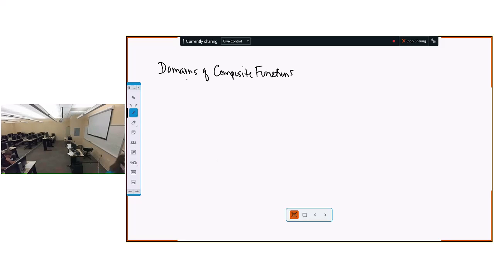So the first thing you're going to do is find the domains of each function separately.